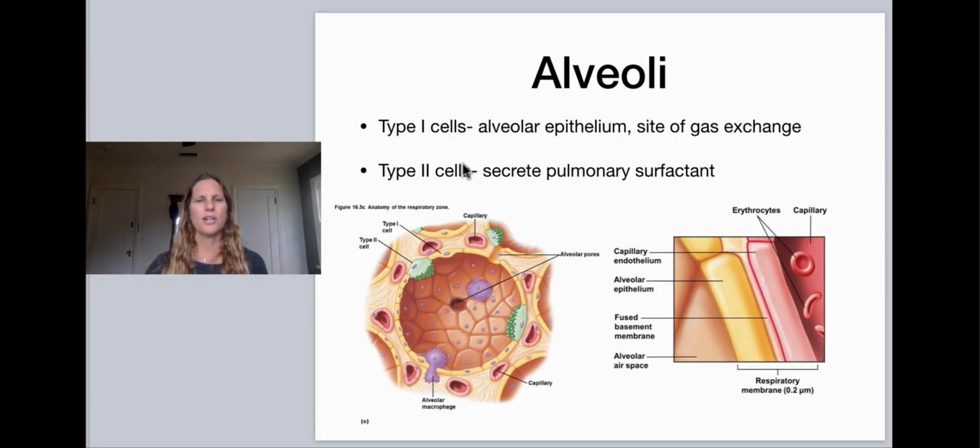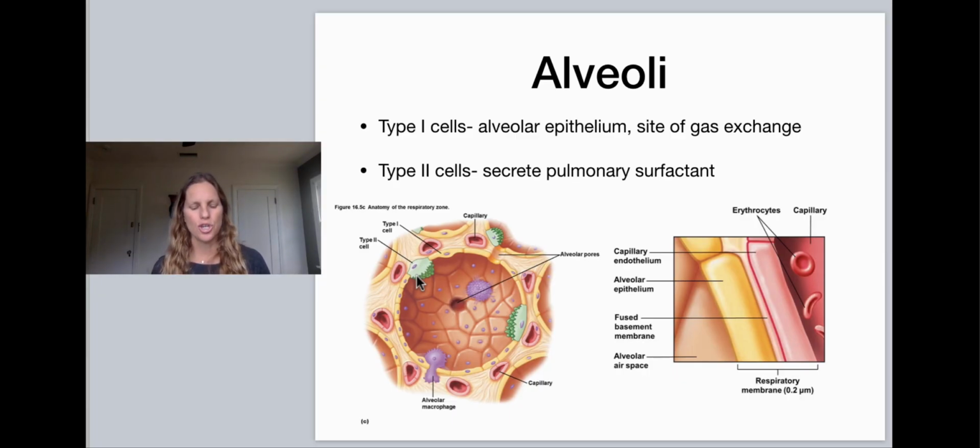The other cell here is the type 2 cell. That's these kind of little green guys. Those type 2 cells secrete a substance called pulmonary surfactant. Surfactant is kind of like an emulsifying agent, sort of. And what it does in the lungs is it decreases surface tension.